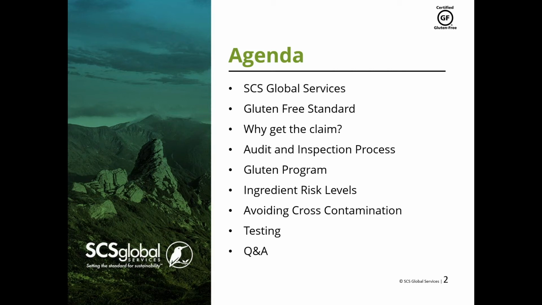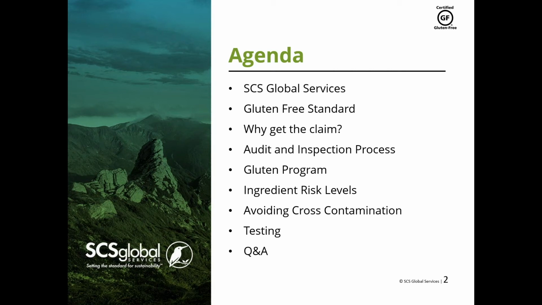But first I'll provide an overview of SCS and the services we offer, then we'll go over the gluten-free standard, including the organizations behind the standard and why the claim's important, and then we'll go over in some depth the audit and inspection process, because I think a lot of people are interested in how that works. And that'll start from when you initially contact SCS to the day you receive your certificate.